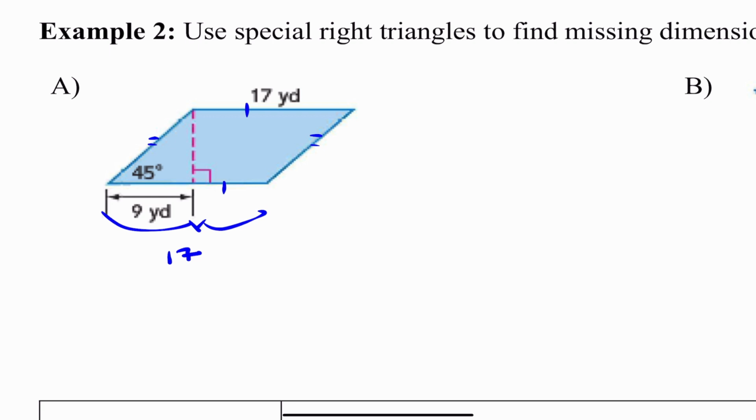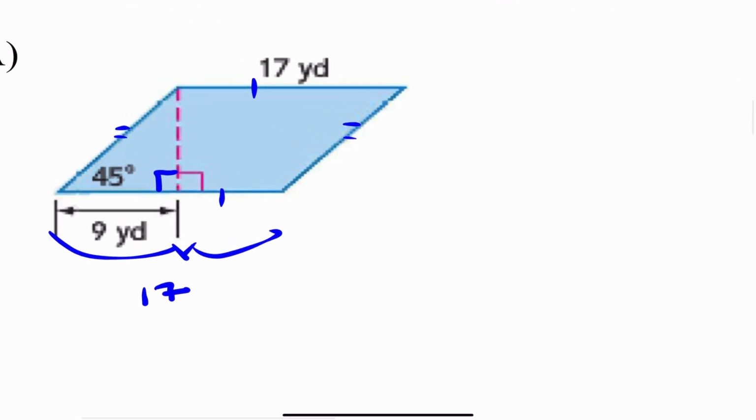So then, okay, we have this segment perpendicular to that segment. So I can go ahead and put 90 degrees here. Since this is 45, this is 90, that means that this angle here is 45 degrees.